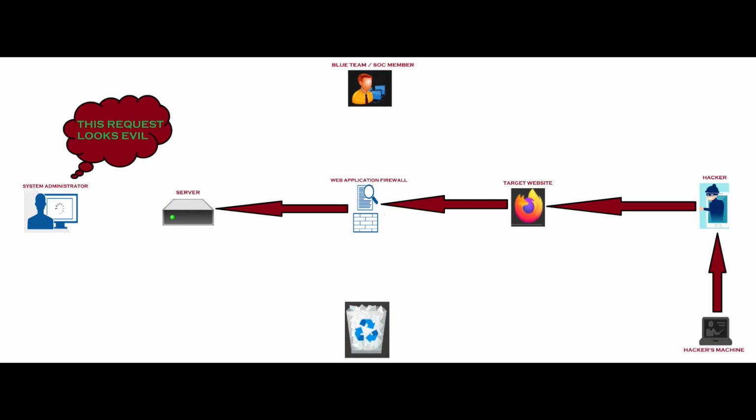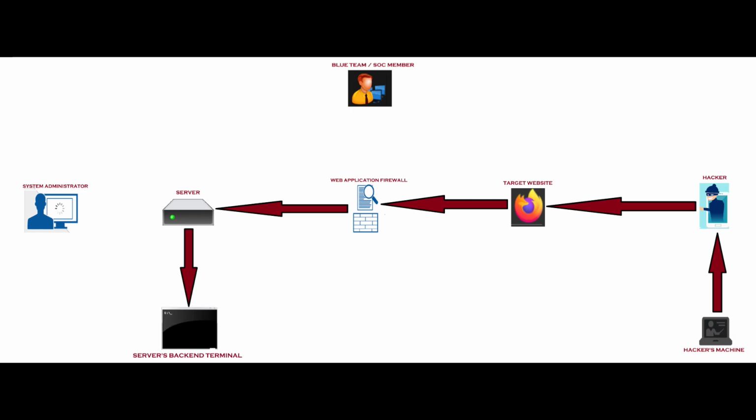After seeing that their payload has failed again, the hacker tries yet another time, tweaking it even further and resending it. This time it slips through the firewall, but unluckily for the hacker, a system administrator is monitoring traffic in real time and notices the payload. As a result, they block the payload themselves, preventing it from being executed and stopping the attack from taking place.